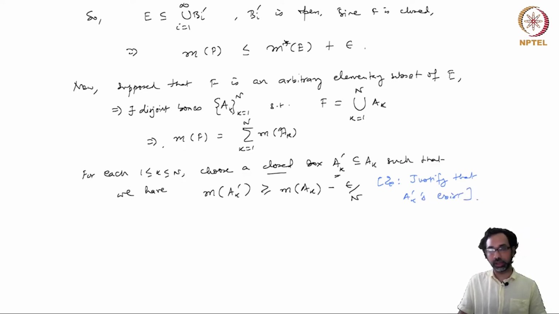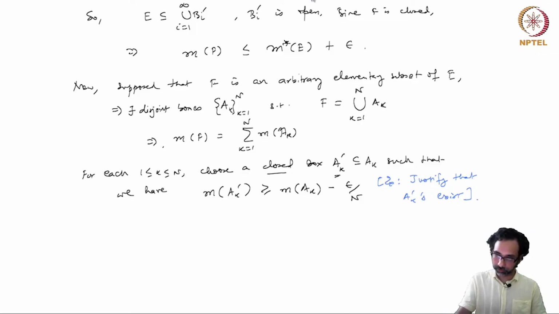So in the previous case we used an enlargement of an arbitrary box to an open box, and in this case we are going to shrink the boxes a little bit so that it becomes a closed box, but still we have control over the volumes.